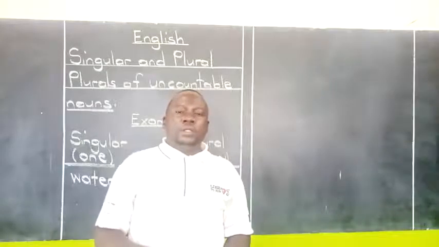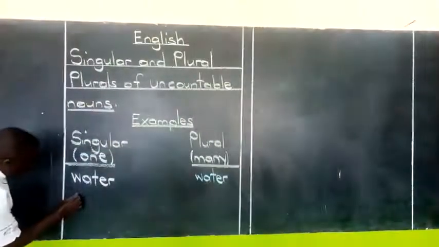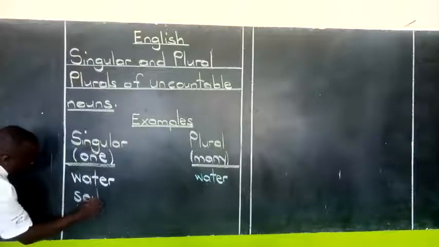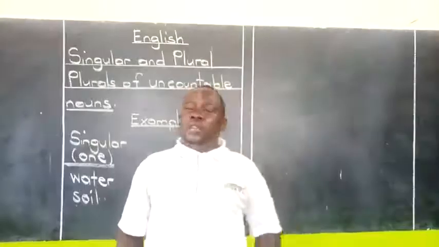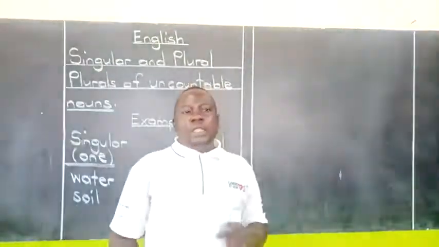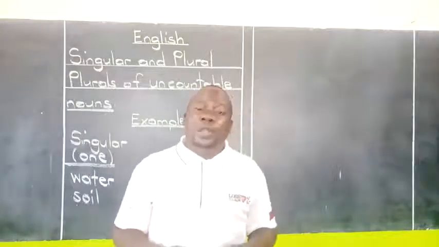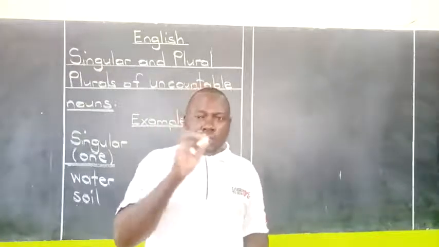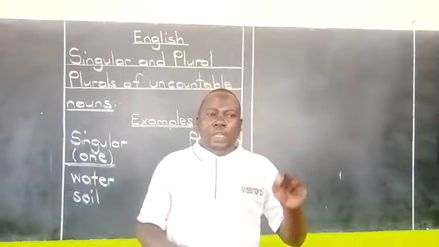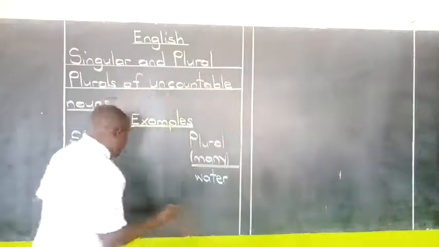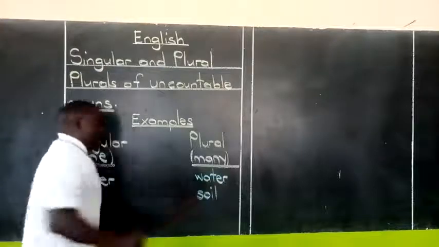Another one. Somebody can guess. We have soil. Anybody who can count soil? Even if they give you a full year, sit down, start counting that soil, you cannot count it. That is why it is called uncountable. So water remains water, soil remains soil.